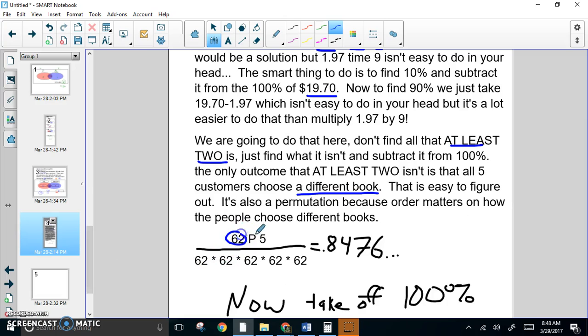62 choices, choose 5, which would be 62 times 61 times 60 times 59 times 58, but you can also do the permutation in your calculator. I don't know what you prefer, but it would be 62P5 over the total again, which was 5 62s multiplied together. That is roughly an 84% chance.